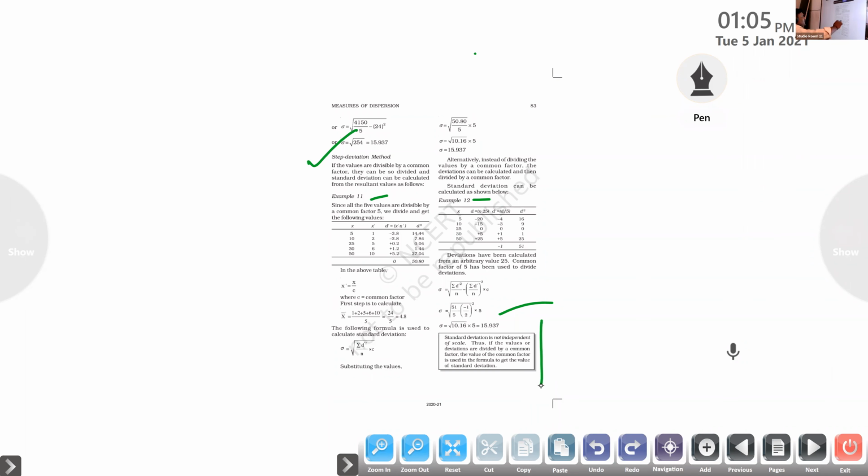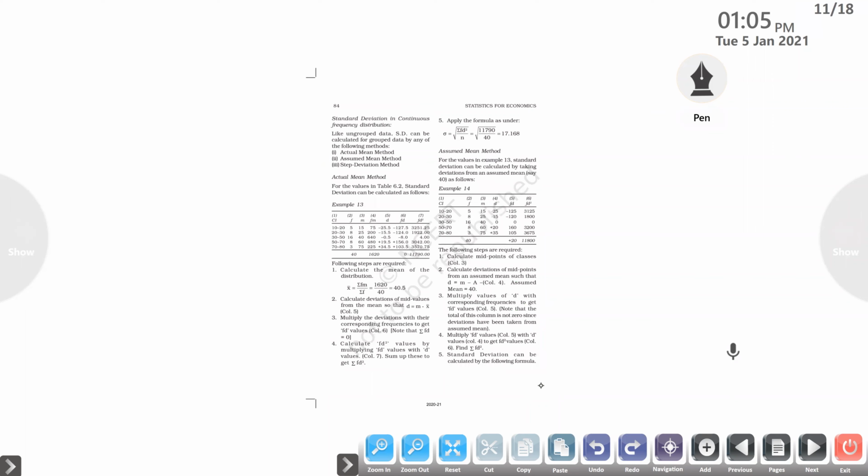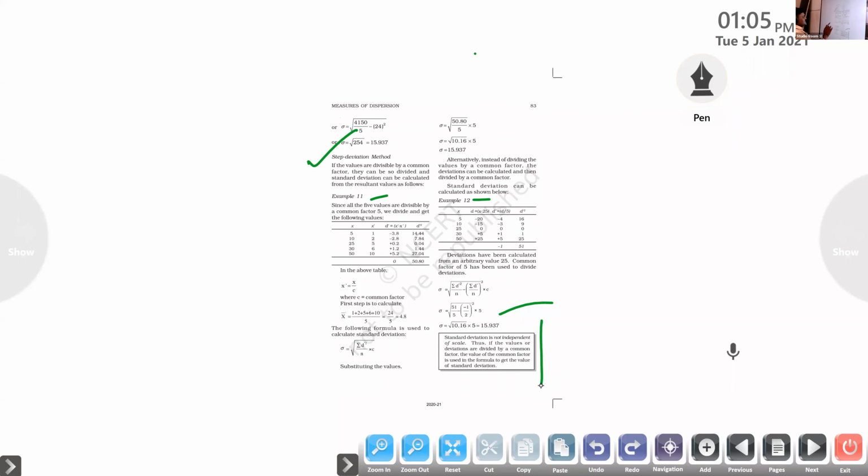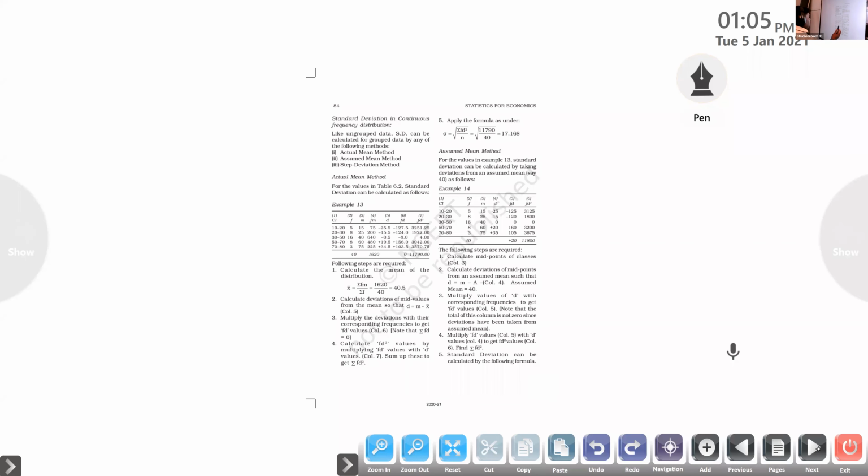Okay, so come back. Next page, page number 84, standard deviation in continuous frequency distribution. In the first examples, we used this continuous series method. And here we are going to study the standard deviation for a continuous frequency distribution. Like ungrouped data, first understanding, it is related with the ungrouped data.